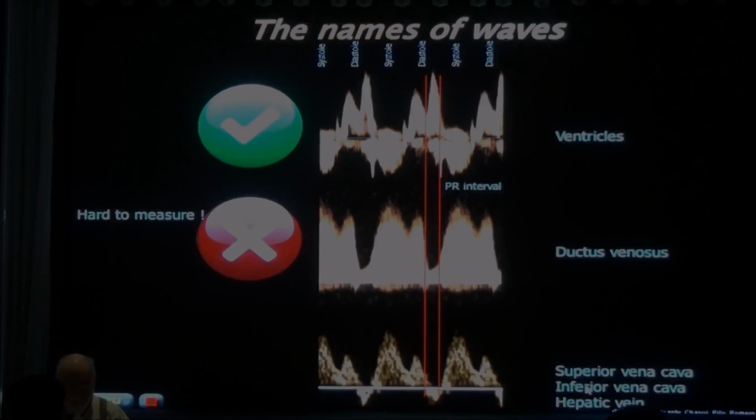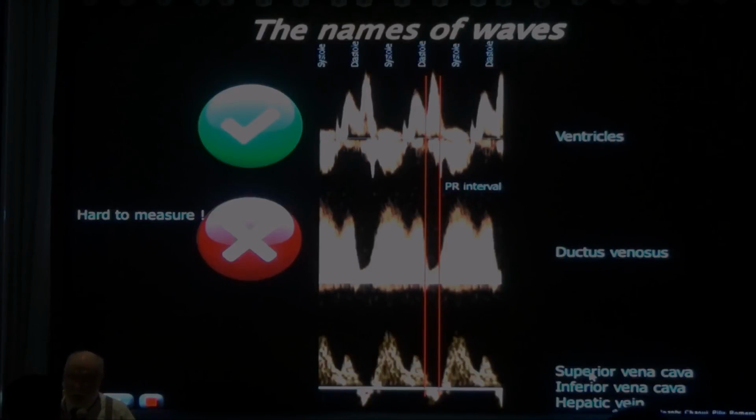And if you look at the vena cava, very interestingly, not only can you recognize the onset very well, but you can see that the E wave and the A wave are in opposite direction. Remember, this is obtained in the ventricle, so E is filling into the same direction as A. So E and A are in the same direction in the ventricle, but when you look at the cava, let's assume that I'm in the entrance of the superior vena cava into the atrium.